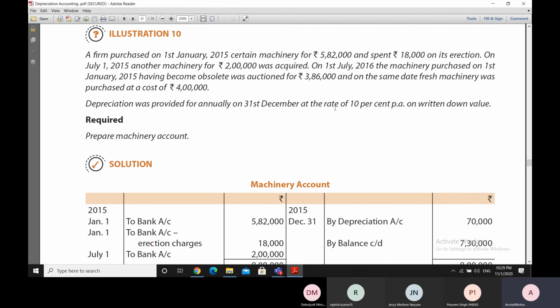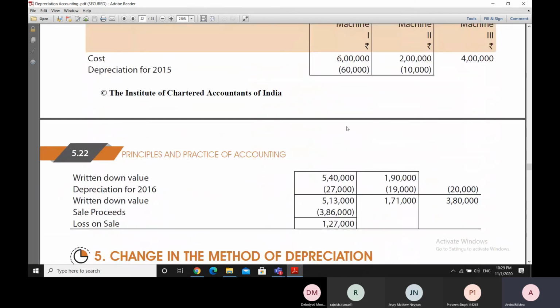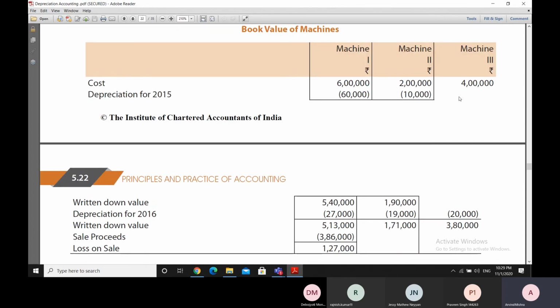So half year depreciation would be 20,000 rupees. We are allowing a depreciation of half year 20,000 rupees on this 4 lakh machine, and finally we get a WDV of 3,80,000 rupees here. But this machine was purchased for 4 lakh rupees, and finally depreciation of 20,000 rupees is being allowed for 2016, as this machine is purchased only in the year 2016.